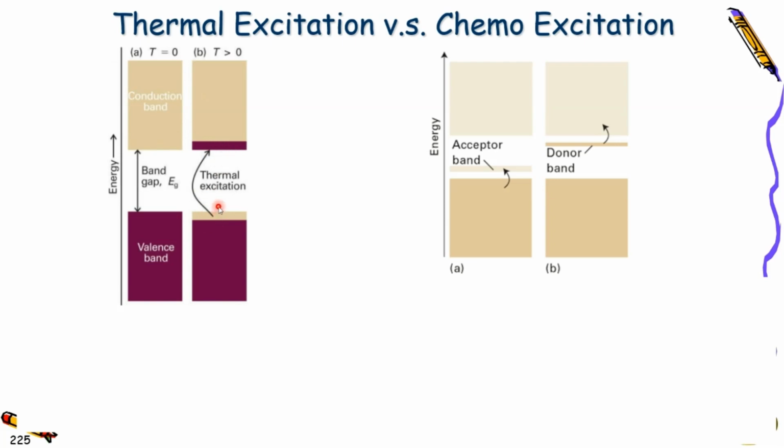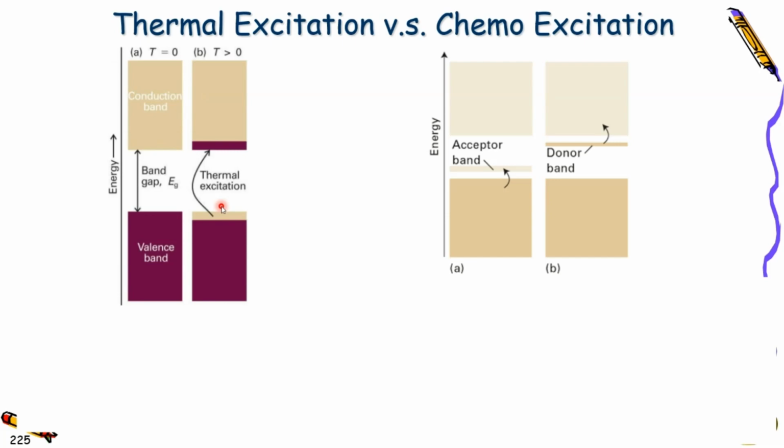The band gap is 1.1 electron volt. For silicon, thermal excitation requires 1.1 electron volt. So unless you melt the silicon crystal to become liquid, the electron doesn't move, because the temperature needs to be very high to move the electron from the valence band to the conduction band.